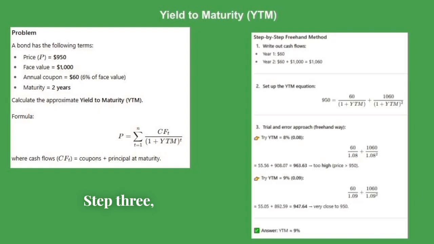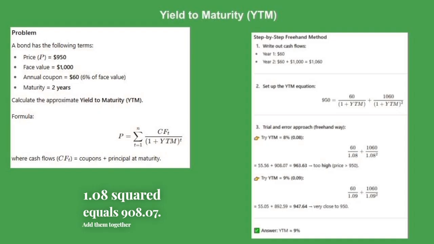Step 3, use trial and error. If YTM is 8%, 60 over 1.08 equals 55.56. 1,060 over 1.08 squared equals 908.07.